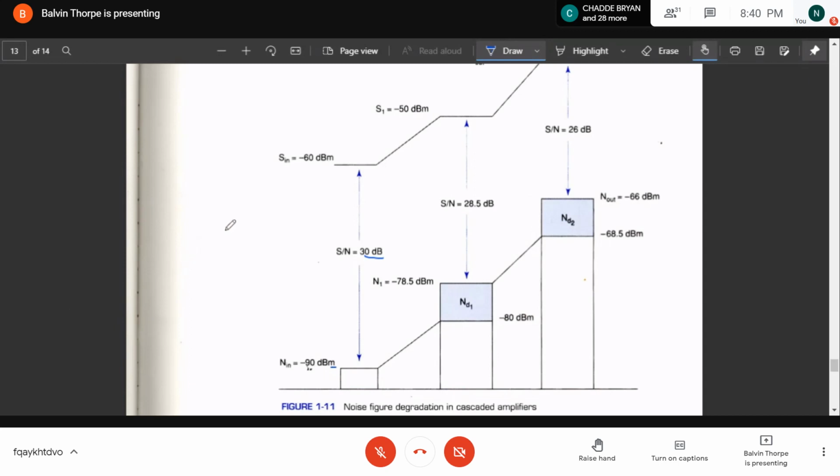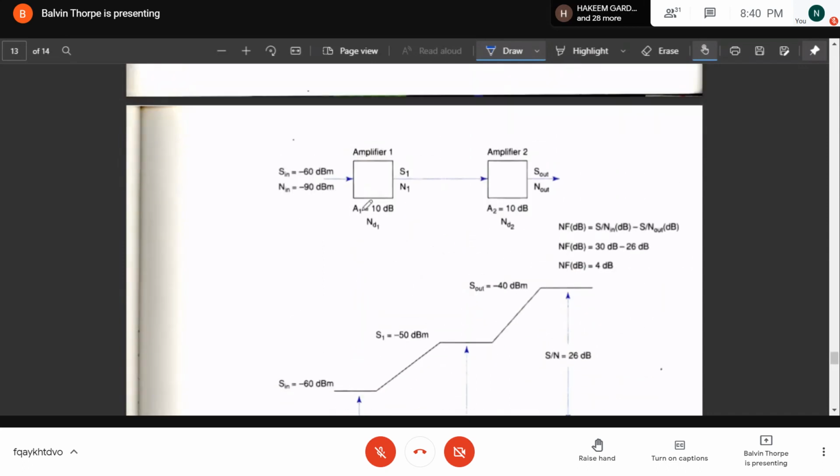The noise now would be different, because you're going to add 10, which would make it minus 80, but that is going to be affected by ND, which is the internal noise of the system, right?